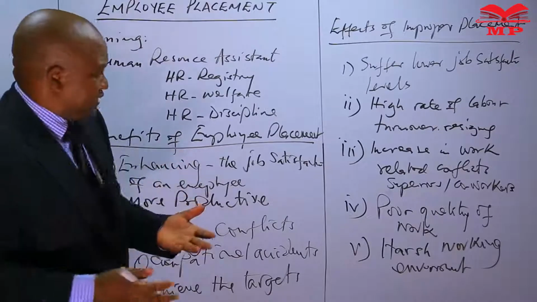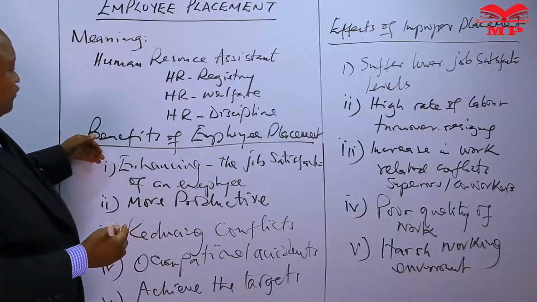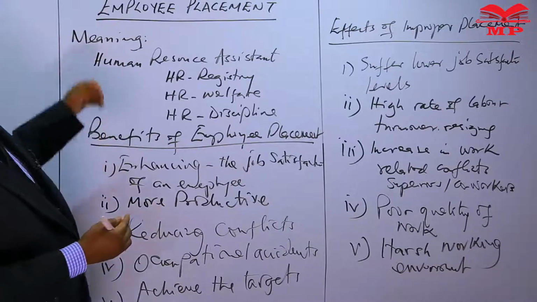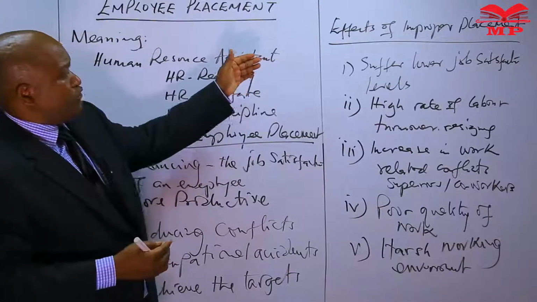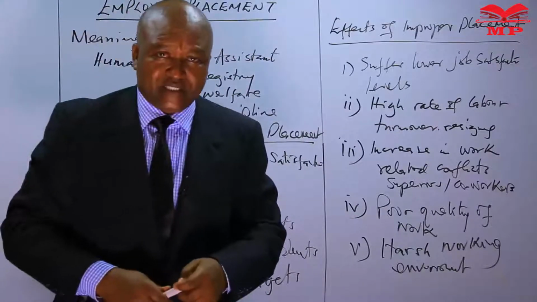Then as a result of this, now we have seen benefits of proper employee placement. We have seen effects of improper placement of employees. What is supposed to be done by management?